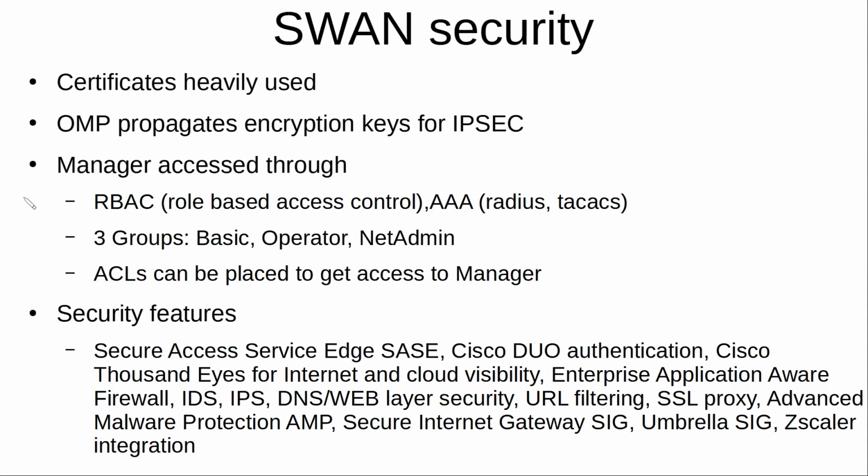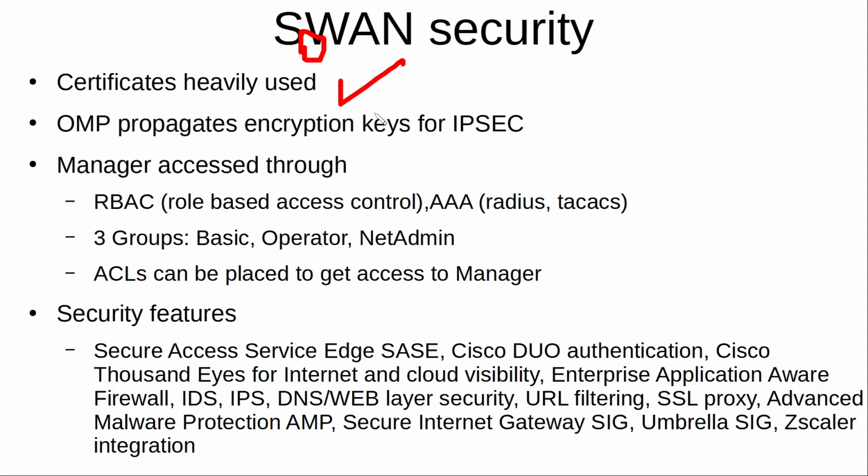SD-WAN has a lot of security features. You might want to remember all of these for the exam. Remember that certificates are heavily used for connections between the managers and the controllers, between the controllers and validators, between the validators and managers, and between the WAN edges and your centralized devices.